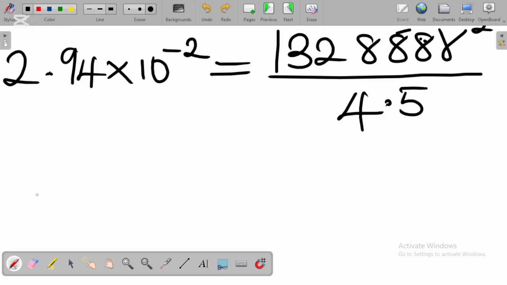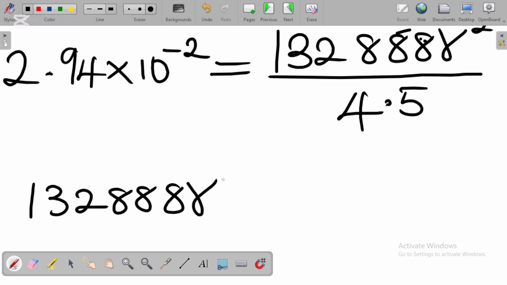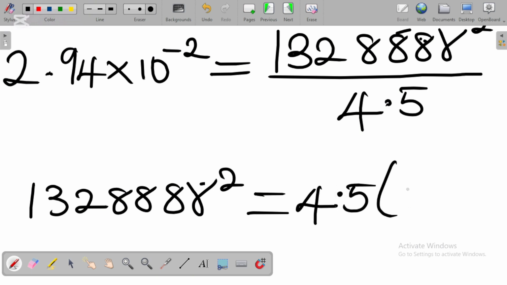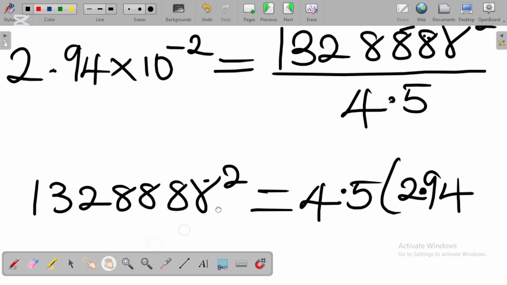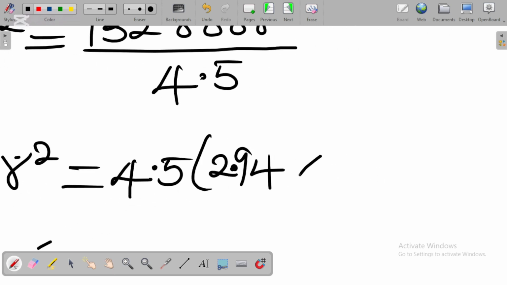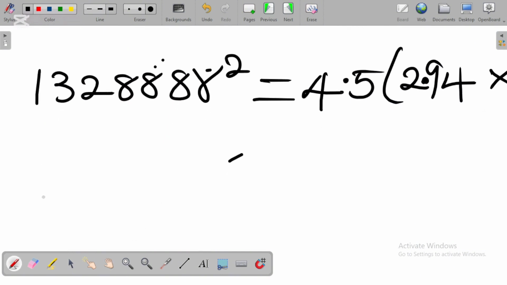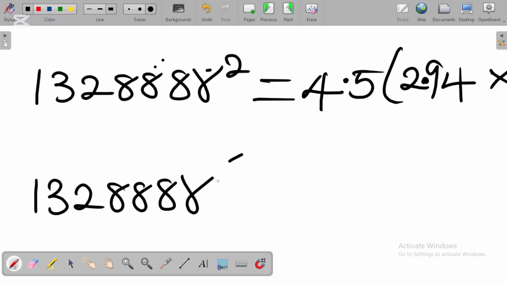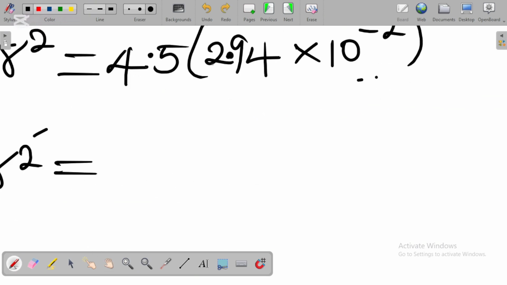All right, so if we cross multiply, we are going to have 132,888 r raised to the power 2 equal to 4.5 multiplied by 2.94 multiplied by 10 raised to the power negative 2.